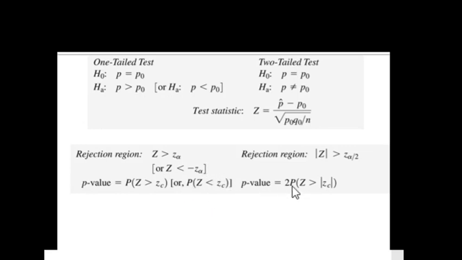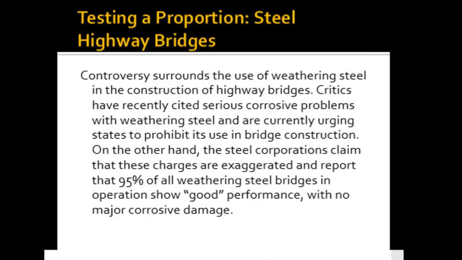And for a two-sided test, 2 times probability of z greater than absolute value of z calculated. The decision rule and the way we write the conclusion is the same that we have used for the other tests. Okay, so with this information, we can try an example here.